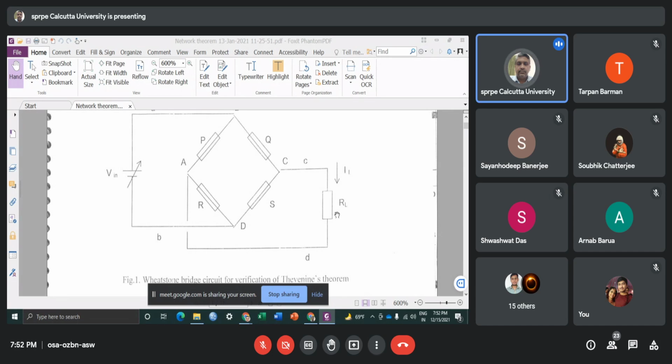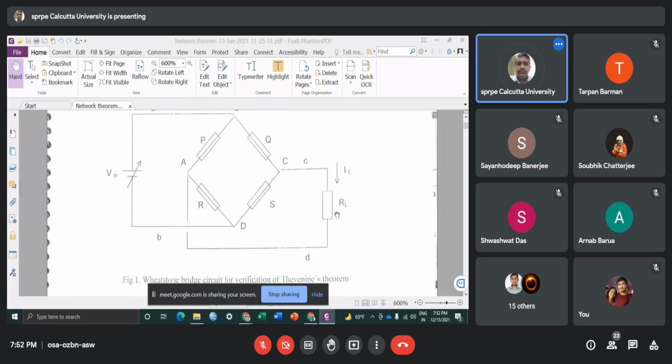Now for this particular circuit, the linear impedances are there. That means we take all of them as resistive circuits. So it is a linear circuit, and the Thevenin theorem is also applicable for capacitive and inductive circuits, but we don't go into the nonlinear aspect of those devices. We also consider those devices to be linear devices.